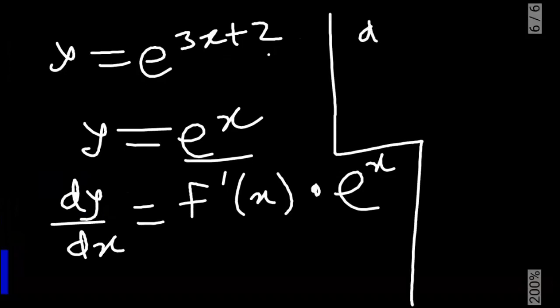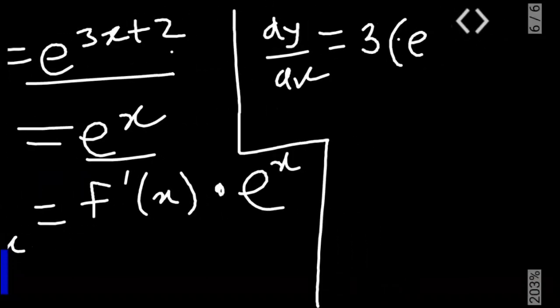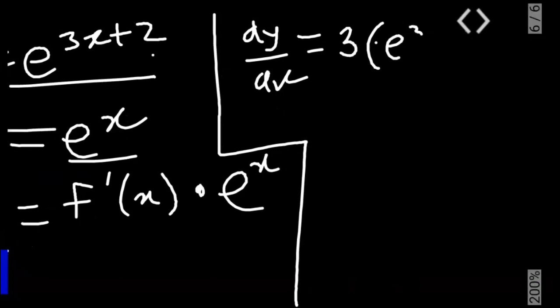So we have dy/dx equal to the derivative of this. The derivative of 3x plus 2 is 3. You should know how to get that. Multiplied by everything here, e raised to the power of 3x plus 2. So this is the derivative of that function.